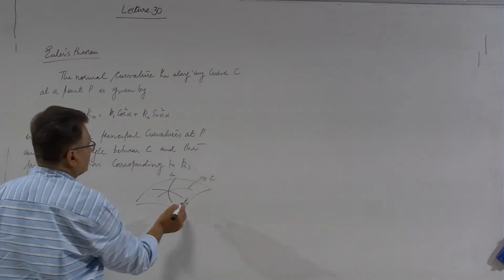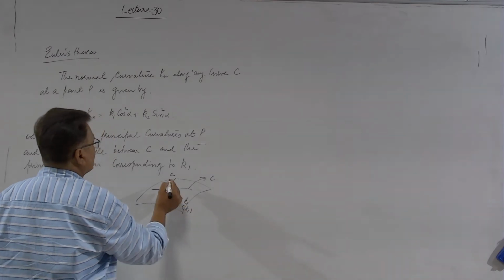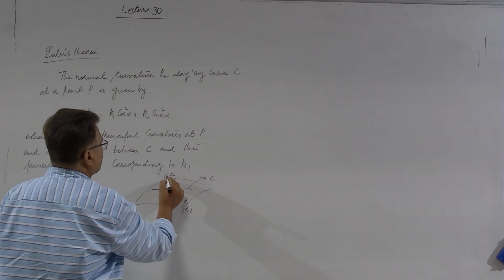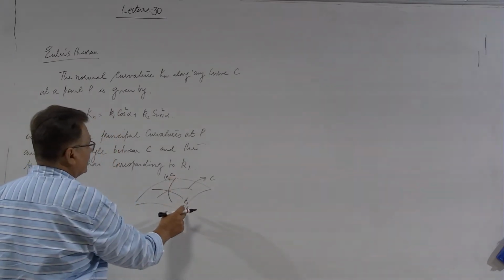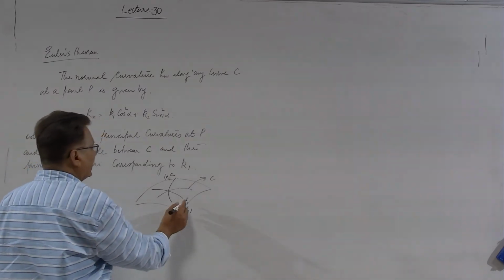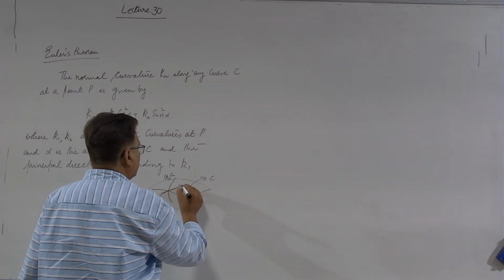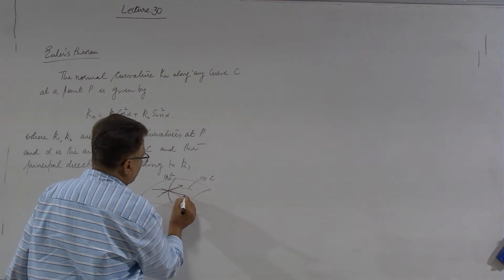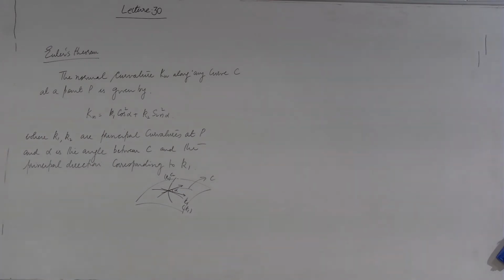Their normal curvatures are k 1 and k 2, the maximum and minimum. Since these two directions are principal directions, these normal curvatures are principal curvatures. The angle between C and C 1 is alpha: if I draw a tangent to C and a tangent to C 1, the angle between these two tangents is alpha.